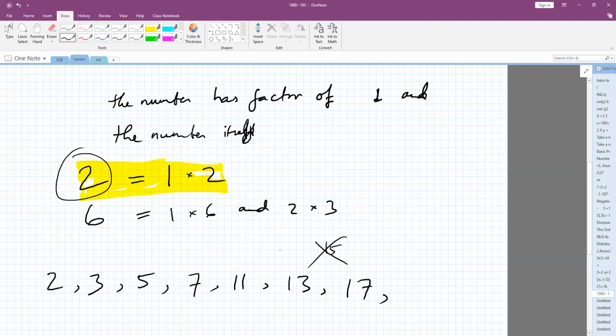What's the next after 17? Is it 19? Yes, 19 is a prime number. And after 19, there will be 23. And then 27? No, actually 27 is not a prime number.